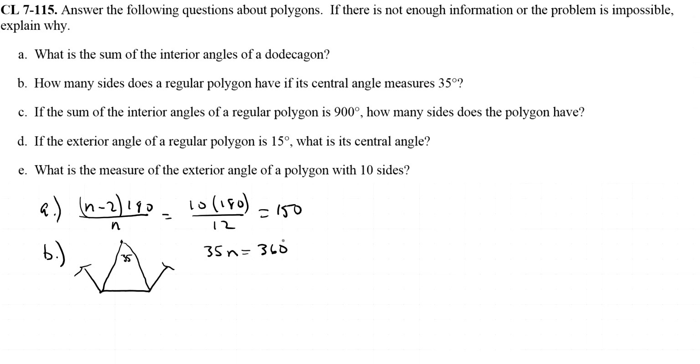So if you take 360 and divide it by 35, it equals 10.286.